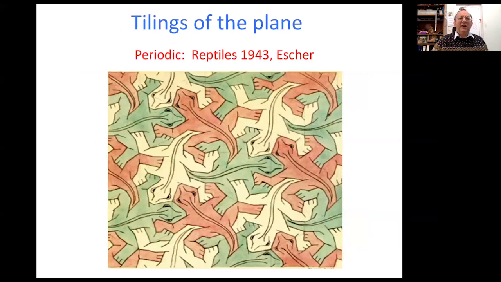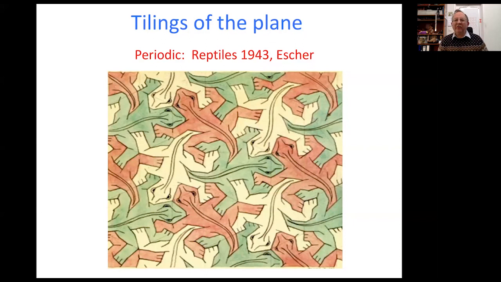Okay, well, very closely linked with the wallpaper patterns and the symmetries that I've just talked about are tilings of the plane. Tilings of the plane are how you can get objects to fit together to tessellate the plane.